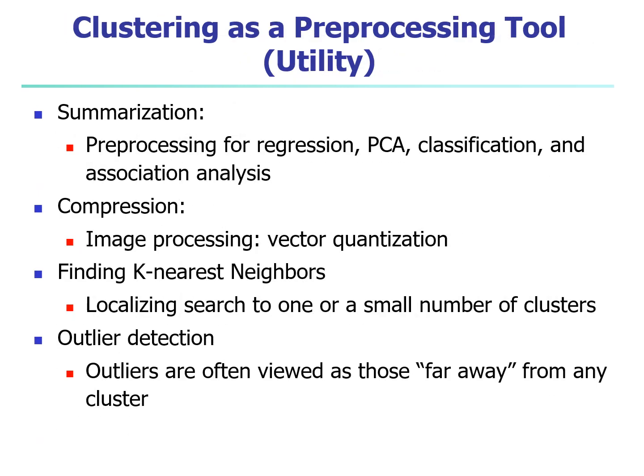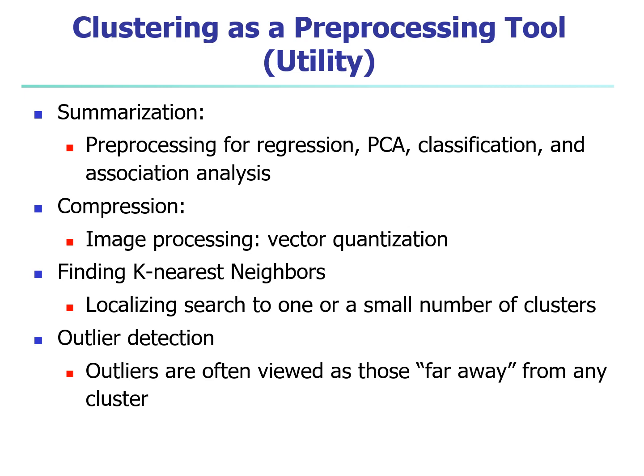Now, when we talk about clustering as a pre-processing tool, we already gave this as an example when we talked about getting to know your data. So it is used for summarization, compression, finding k-nearest neighbors, and also in outlier detection.